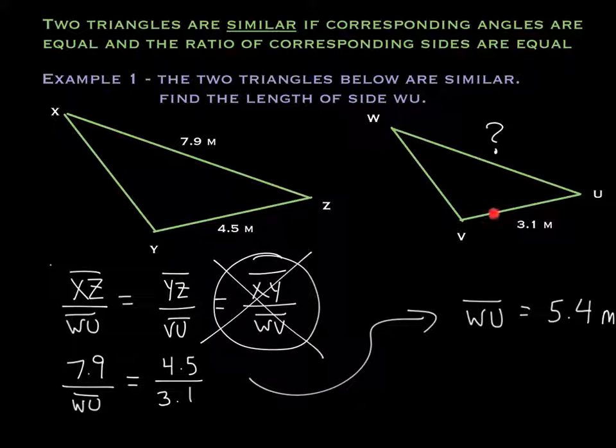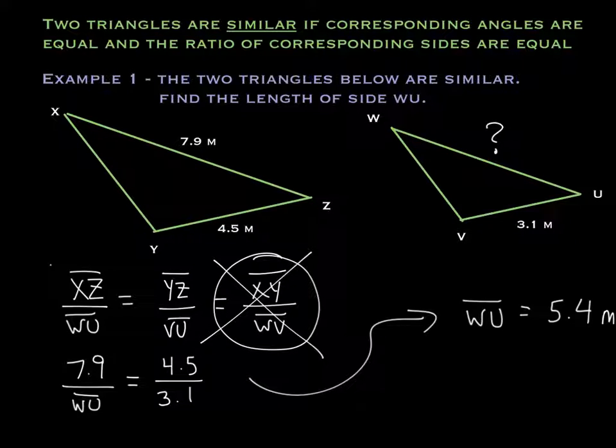Well, if this side is 3.1, this side over here, WU, looks a little bit longer, so 5.4 seems like a pretty reasonable answer. Look over at your large triangle. Does 5.4 jive with this side? Well, this side's 7.9, and this side is definitely shorter than it, so it should be a little shorter than 7.9, which it is, at 5.4. So doing a little check with your similar triangles when you get your answer is always nice.